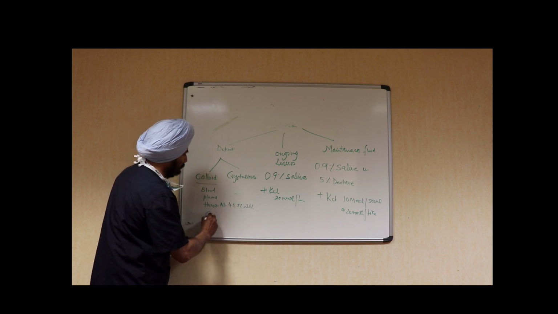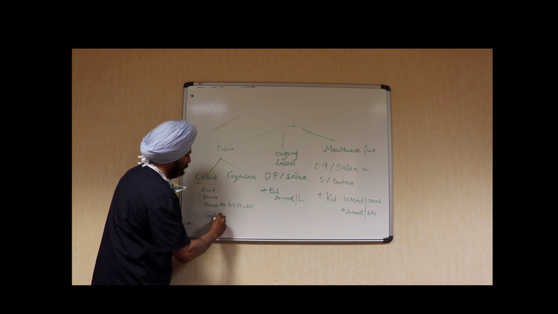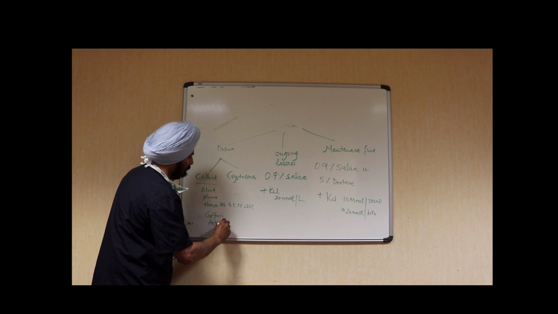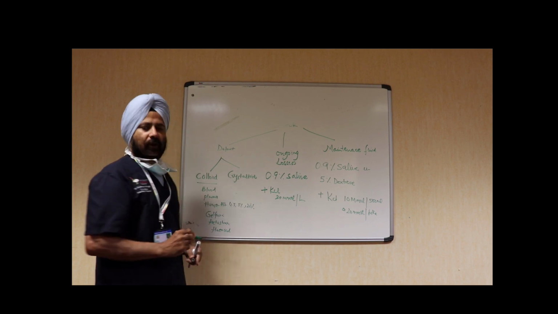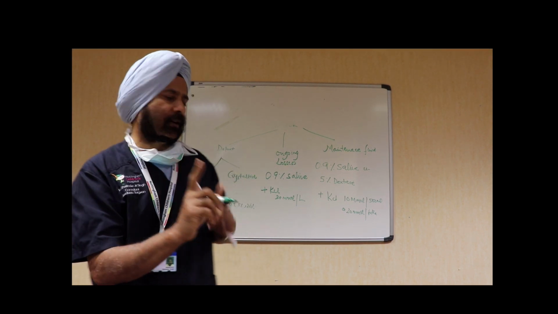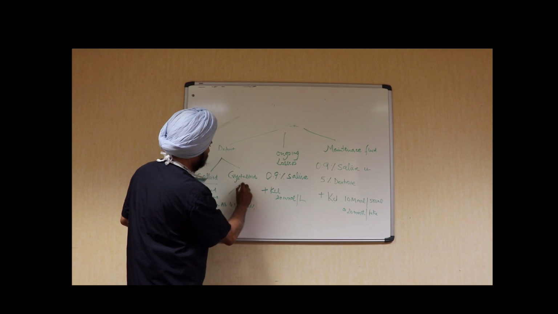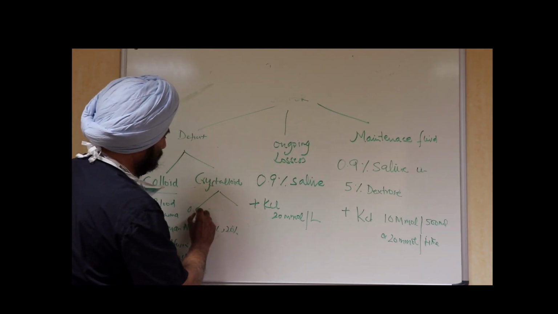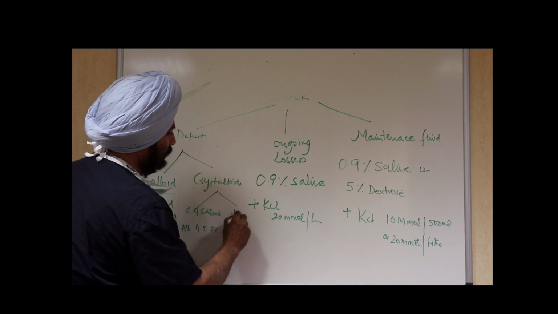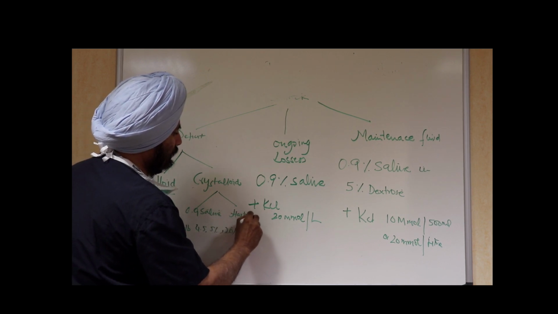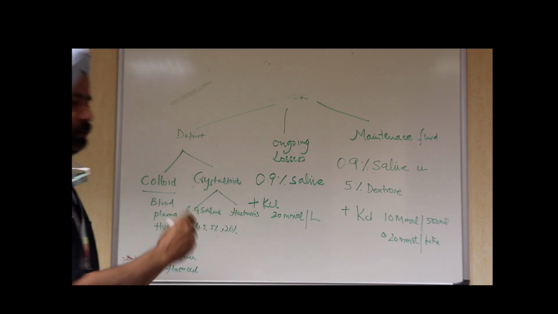And then you have some synthetic colloids like Gelofusine, hetastarch, Haemaccel, and many others. And then in the crystalloid, you have mainly two categories. One is your normal saline, and the second solution which you have in crystalloid is Hartmann's solution, and we'll talk about that.